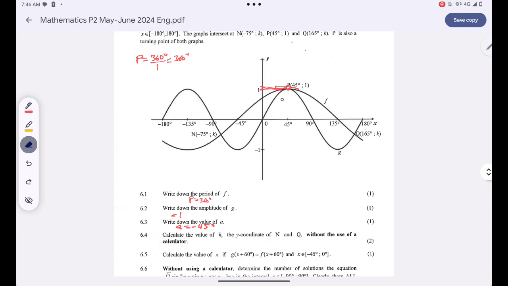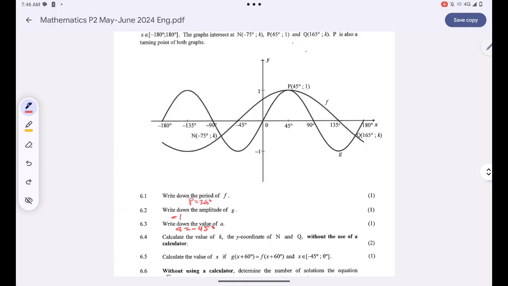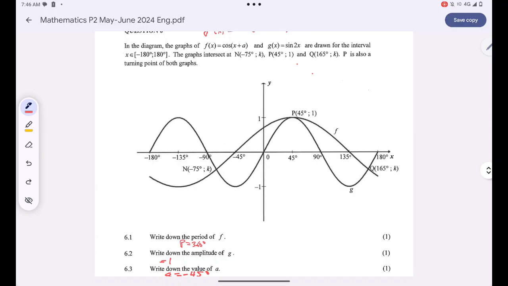We can either use point N or point Q. And these two points exist in both f and g, so we can simply use the graph of g. I know that sine of 2x is equal to g of x, but now I just need to substitute these values.